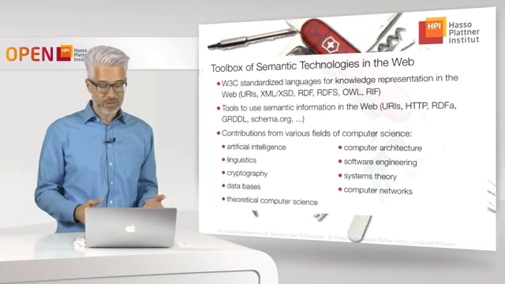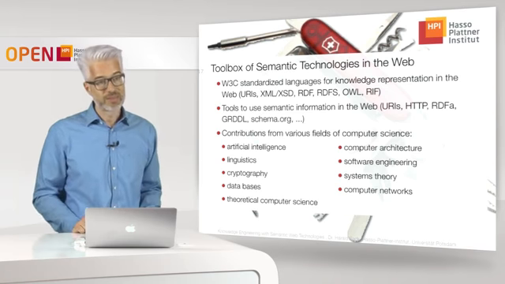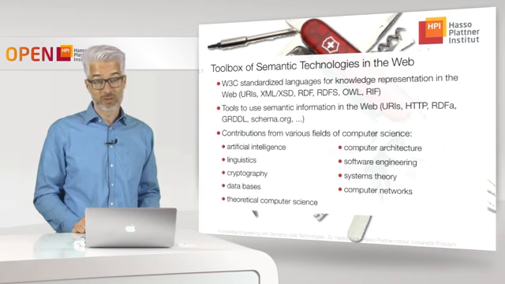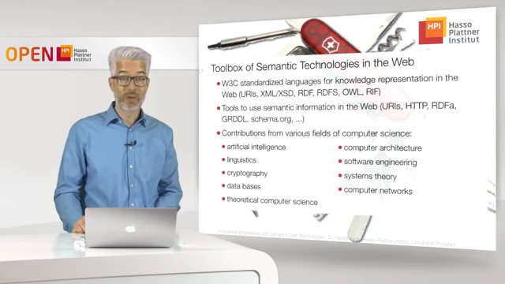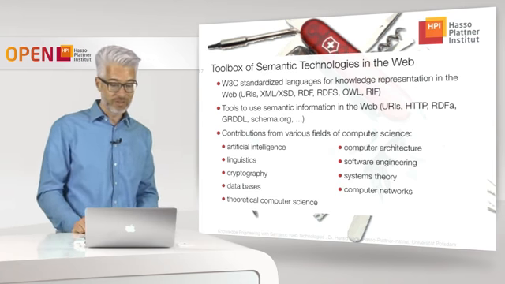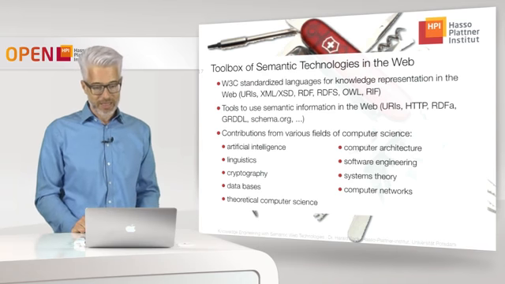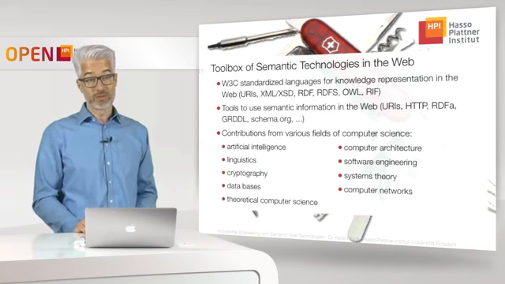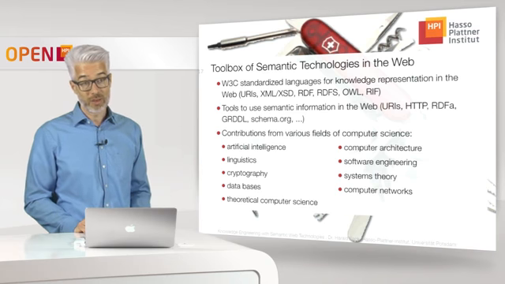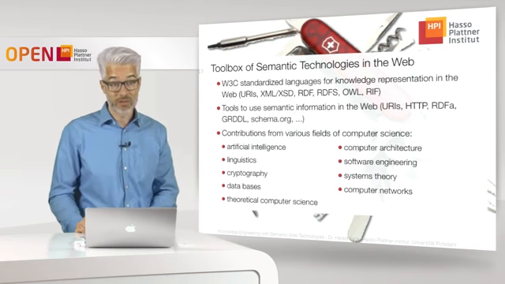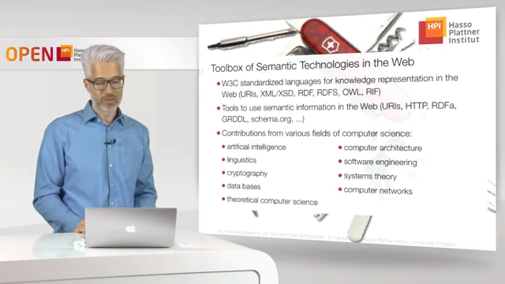We will need to talk about cryptography, about databases, about theoretical computer science, because you always have to look at the complexity of the technology you are using and whether some solutions are feasible or not. And of course, we have to talk about computer architecture, software engineering methodologies, systems theory, and also about computer networks and computer networking.